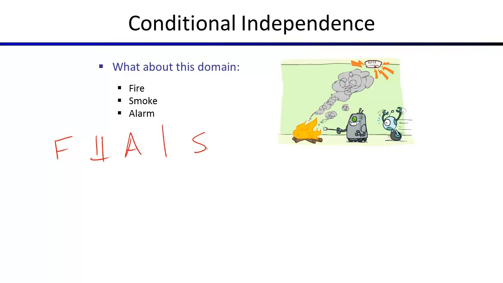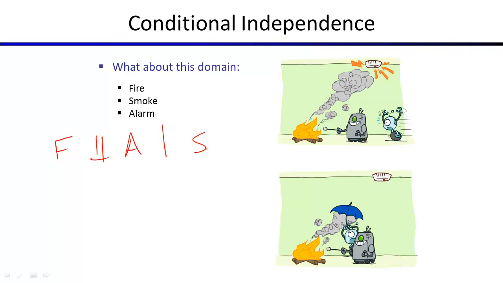This is effectively encoding a relationship where fire might cause smoke, which might cause the alarm to go off. And the fire will not directly cause the alarm to go off, only mitigated through smoke. Hence, fire is independent of alarm given smoke. All right.